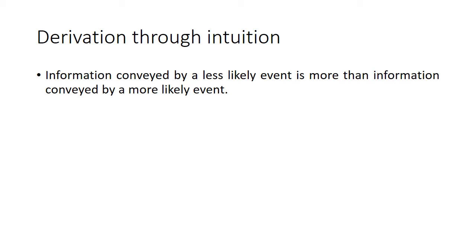Now let's look at how we can express this in terms of mathematical expressions. So we arrive at our first constraint: the information of an event with probability P1 is greater than the information of an event with probability P2 if P1 is less than P2.